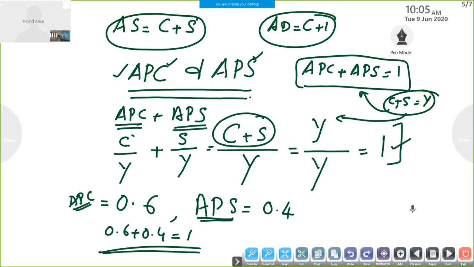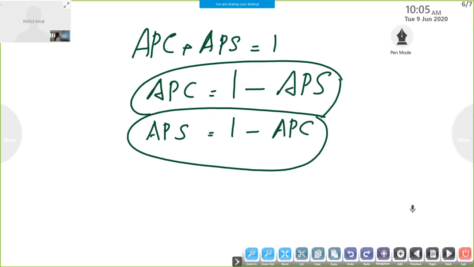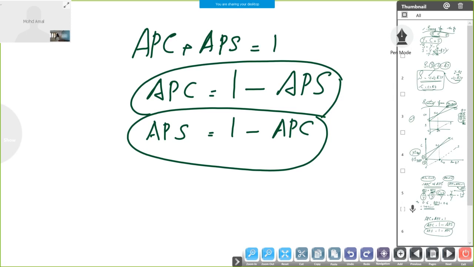Instead of APC we use C by Y. Instead of APS we use S by Y. C plus S shows Y. So finally we get 1. Then from here we get APC is equal to 1 minus APS, and APS is equal to 1 minus APC.